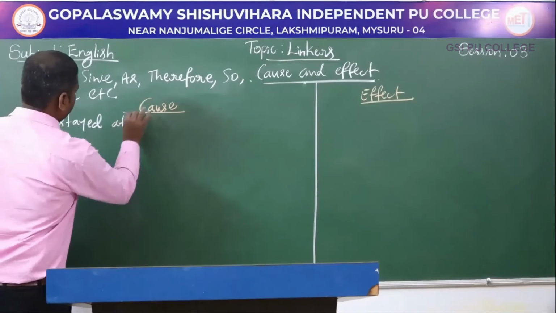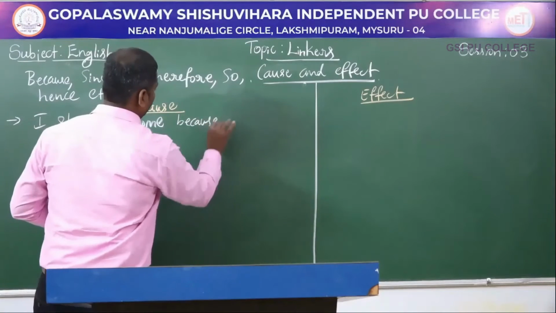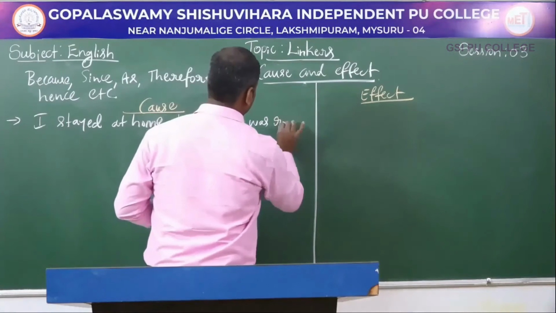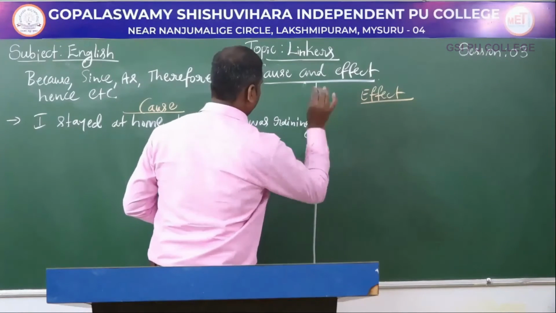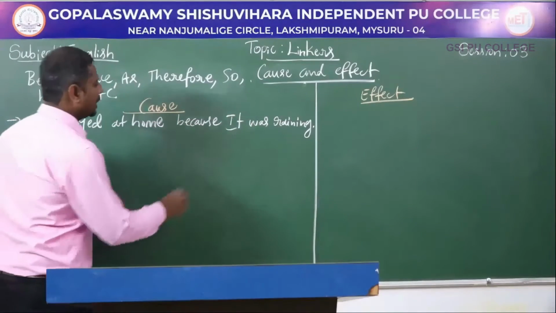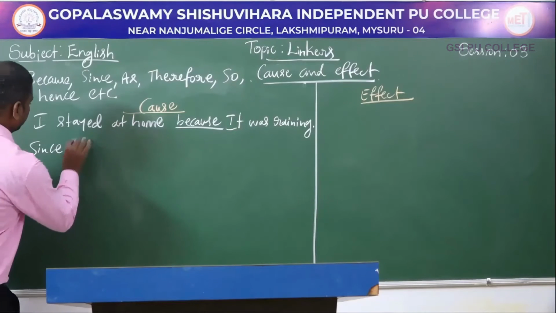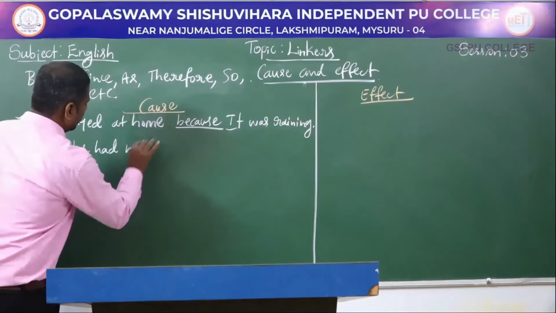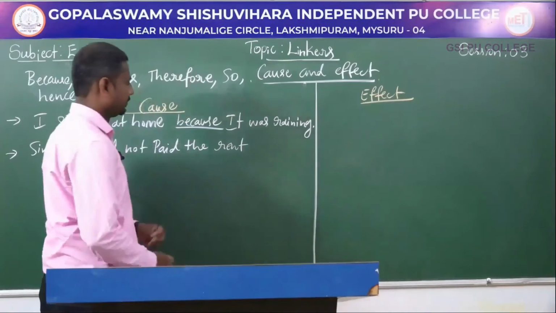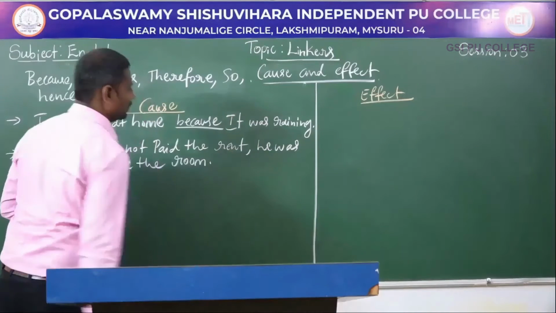I stayed at home because it was raining. Here the conjunction is because. Since he had not paid the rent, he was told to vacate the room.